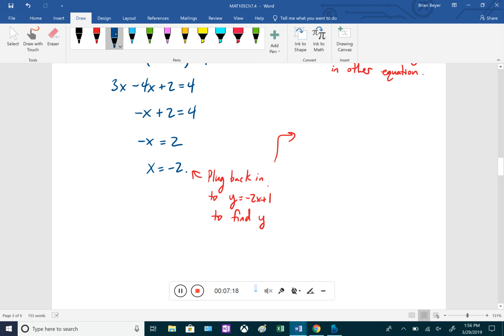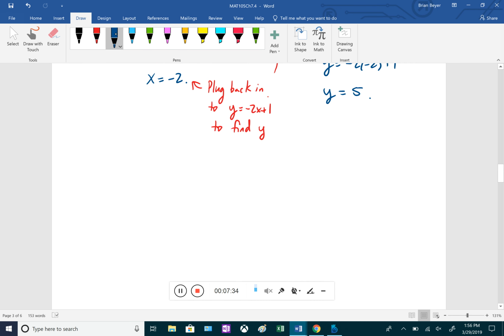So it's going to be y equals negative 2x plus 1. So we plug in x, we get negative 2 times negative 2 plus 1. That's y equals 4 plus 1. That gives us y equals 5. So the solution is the xy coordinate, negative 2, 5.